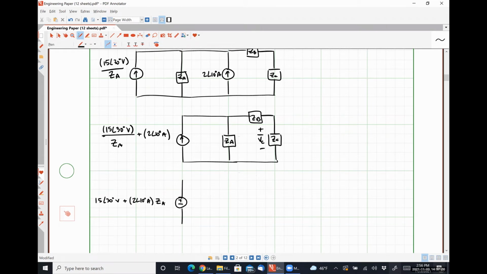Everybody okay with that? Understand why I did it? So I'm taking that whole current that I have on the left-hand side there and multiplying it by ZA, which is going to give me a voltage. And then I will have ZA in series with ZB in series with ZC.